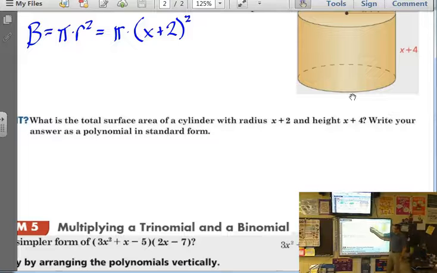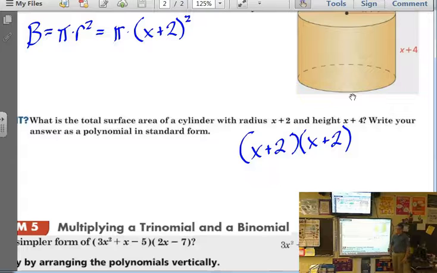So if I think about foiling, somewhere else, which is why I like to have a pack of Post-its, I would either think through or write out x plus 2 times x plus 2, and then process through the first, the outer, the inner, and the last. My firsts, so Lynn, what do I get when I do my firsts, x times x? x squared.